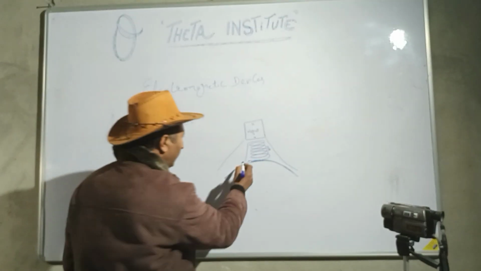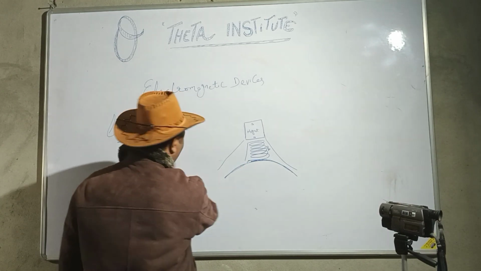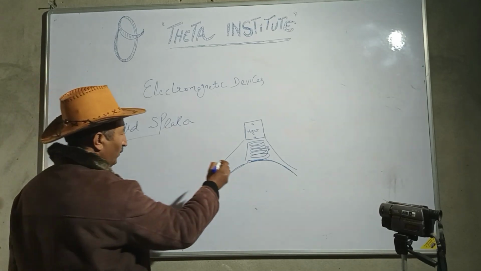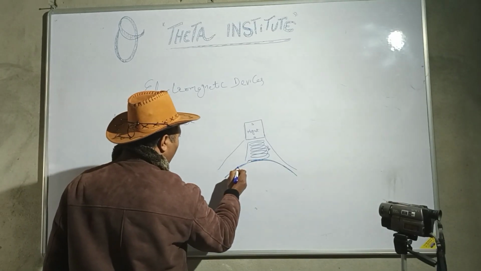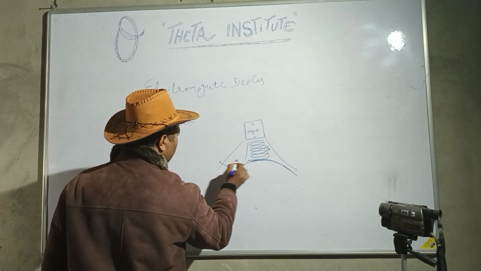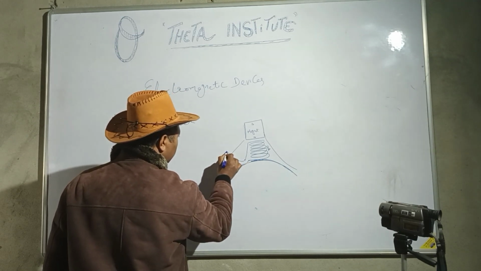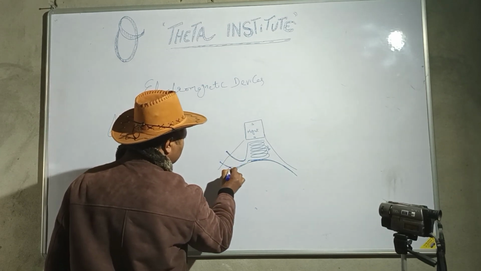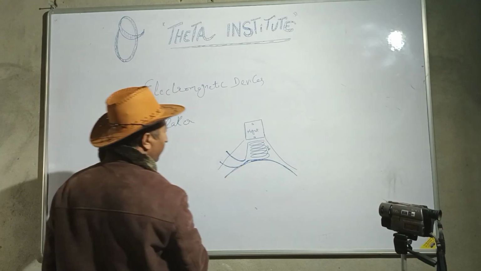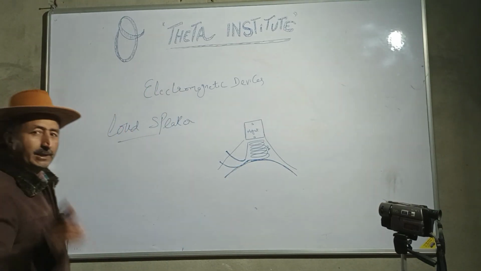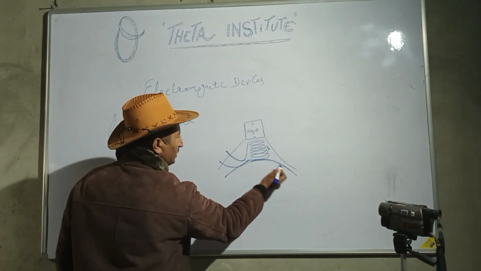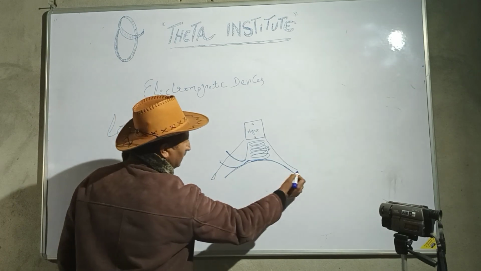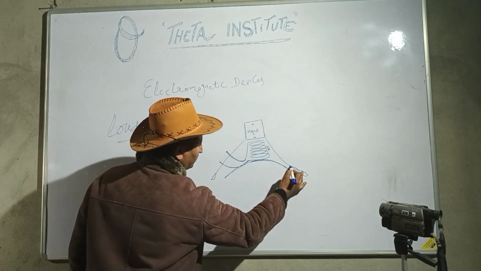What happens when an electric signal from the mic or from any other device comes to these two wires? But it should be remembered that the coil is fixed with this diaphragm, and the magnet is fixed with the iron support.